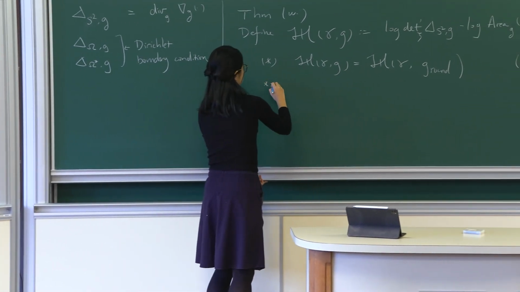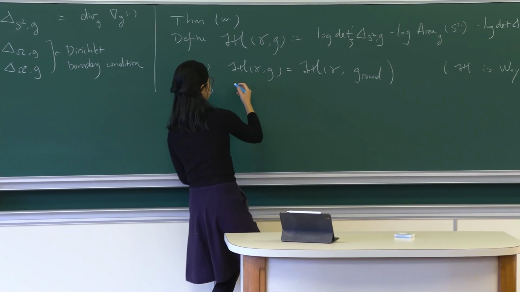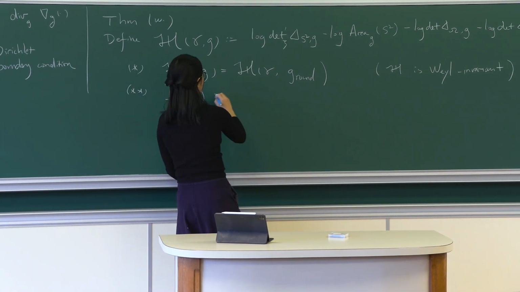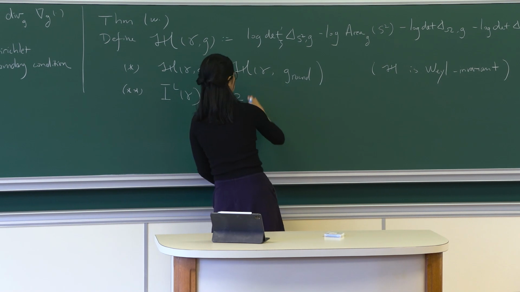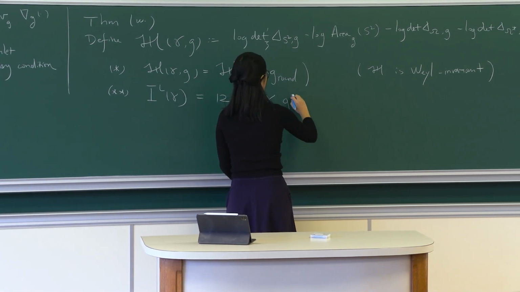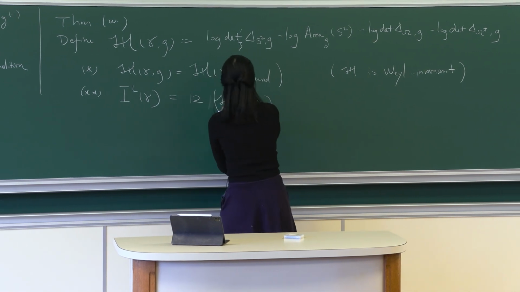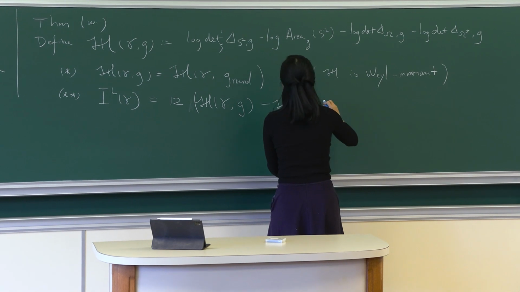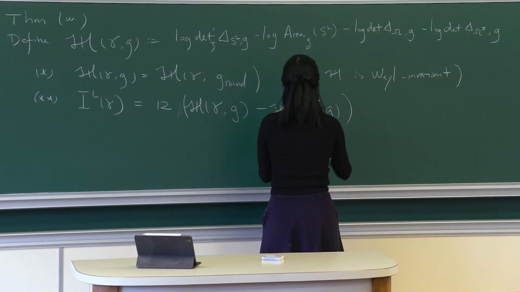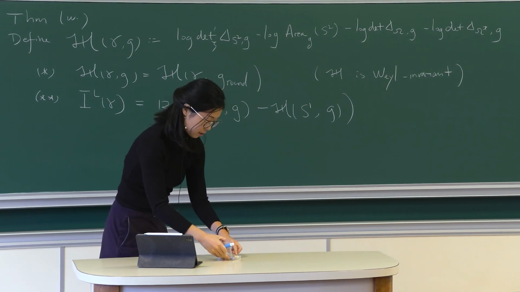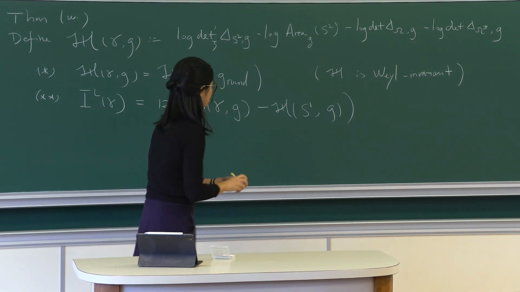The second one is that the Loewner energy of gamma equals 12 times H of gamma, g minus H of S1, g. And this S1 is just any circle. You can take it to be an equator.